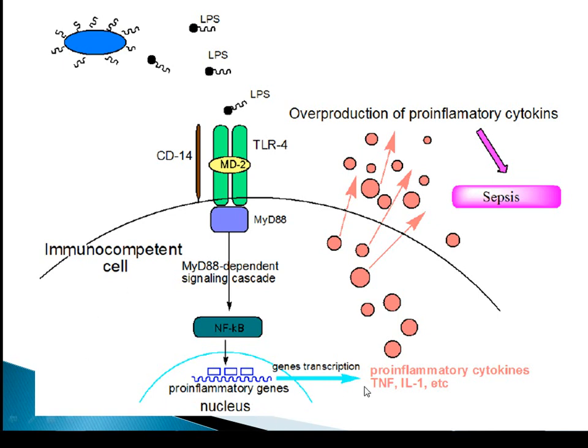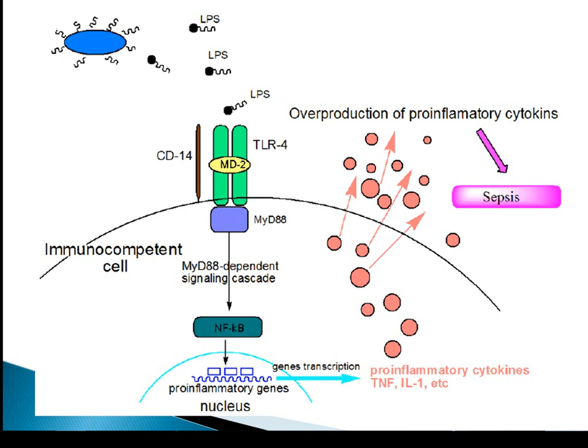They will form pro-inflammatory cytokines, tumor necrosis factor, interleukin-1, and so on. They will be released outside of the cell, and they will cause sepsis and inflammation. So the innate immune response is not static, it is dynamic in nature, and it is capable of regulating both the inflammatory and immune responses equally.